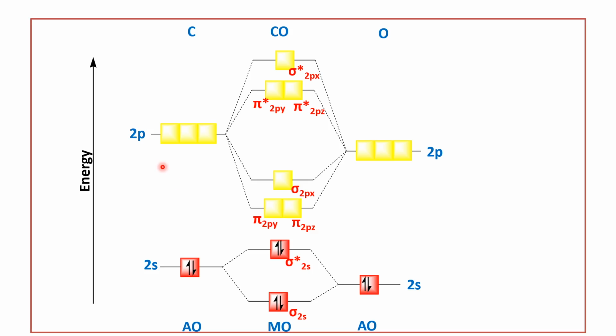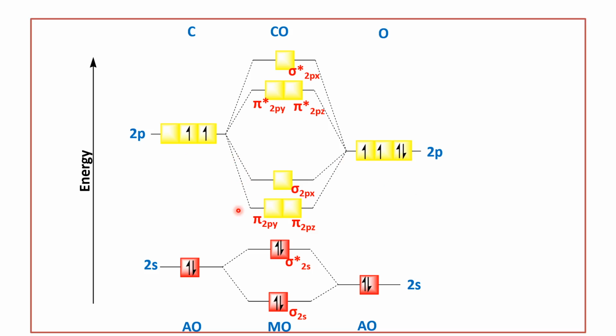Then let's move to the 2p of carbon. 2p of carbon consists of first and second, 2 unpaired electrons. They are filled by using Hund's rule of maximum multiplicity. Then the 2p of oxygen consists of first, second, third and the fourth. The first 3 electrons are filled and then the fourth electron will be a paired electron. So we are having total 4 plus 2, 6 electrons.